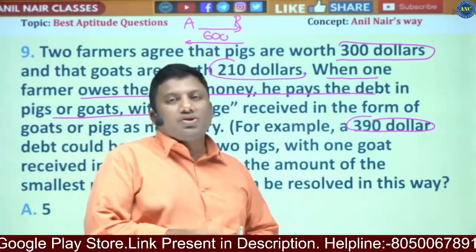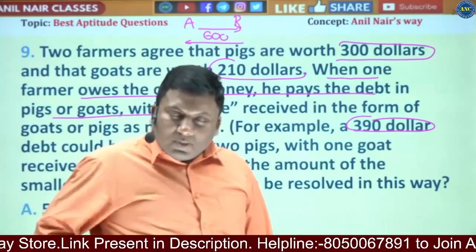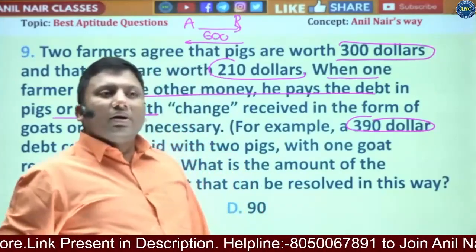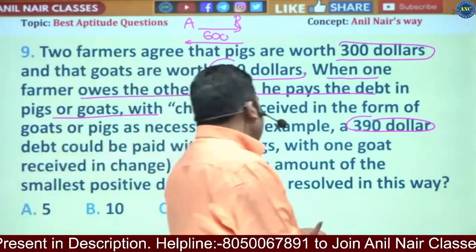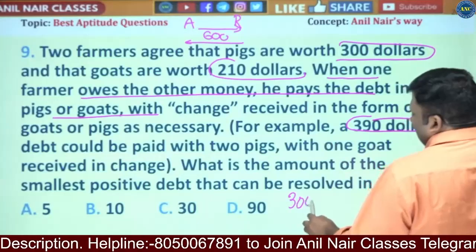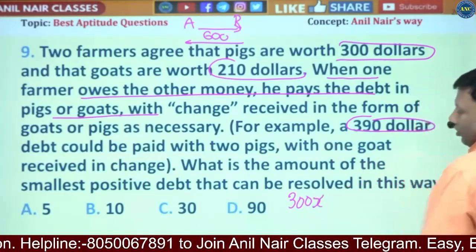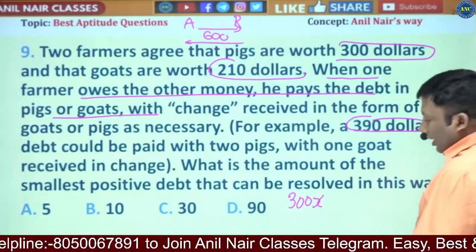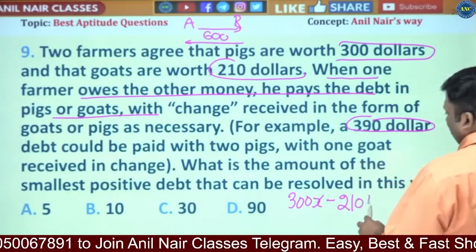Suppose Reshma owes Anil $420, she will give 2 goats. Can I say the equation: 300 is the cost of 1 pig, how many pigs I give I don't know, so 300x. If I need to get any change, this will be minus 210y.